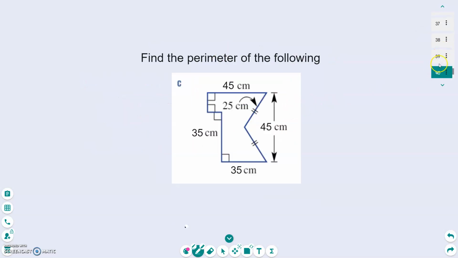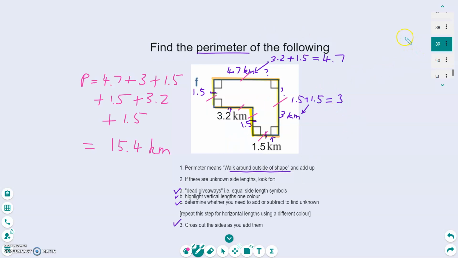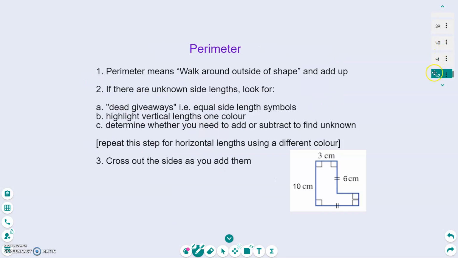And yeah, we've got another one here, but I might leave that for the next video. Okay, so just remember this process. Maybe I'll leave you on this slide here. So you might want to copy this down. Perimeter means walk around the outside of the shape and add up as you go. Okay, so that's step 1.